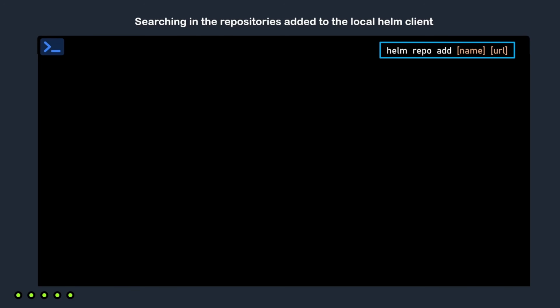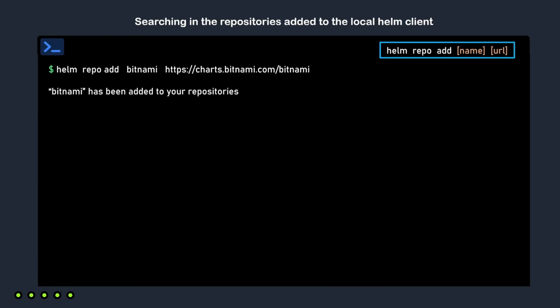For example, to add the Bitnami repository, we execute helm repo add, followed by the name that we want to give to this repository, for example, bitnami, followed by the chart repository URL. We can find the repository URL either by executing the Helm search hub command with the list repo URL option, or by searching in the Artifact Hub website.